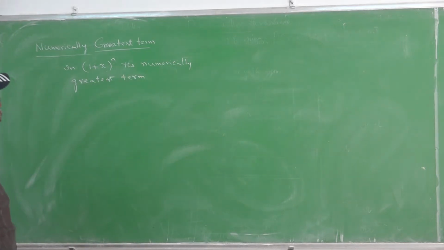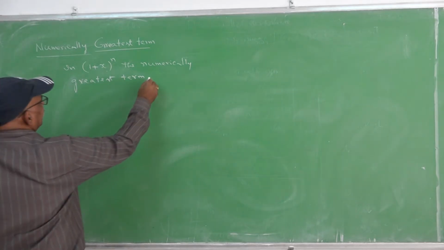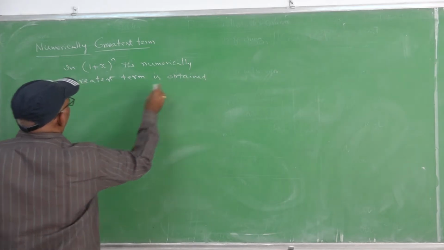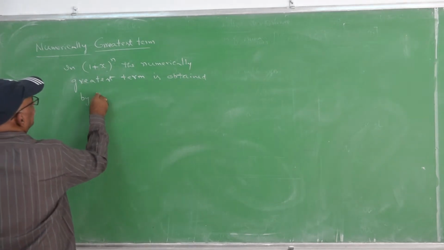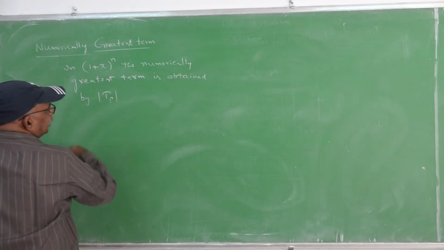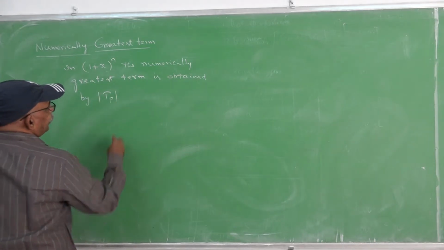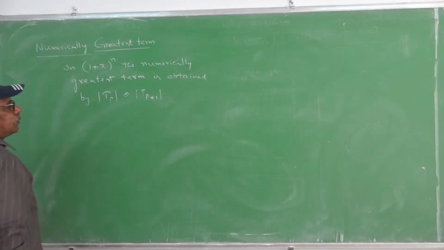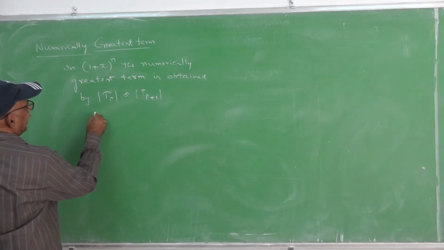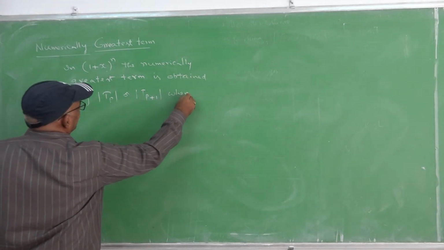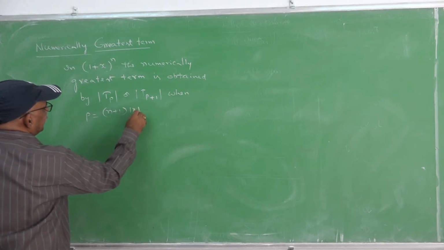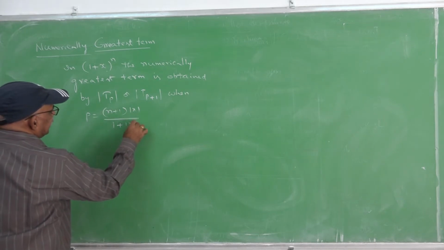In (1 + x)^n, the numerically greatest term is obtained by |Tp| or |Tp+1| when p = (n + 1)|x| / (1 + |x|) is an integer.